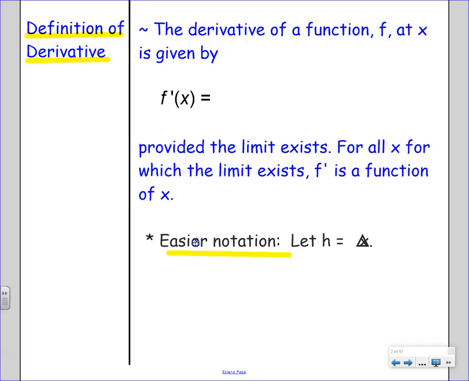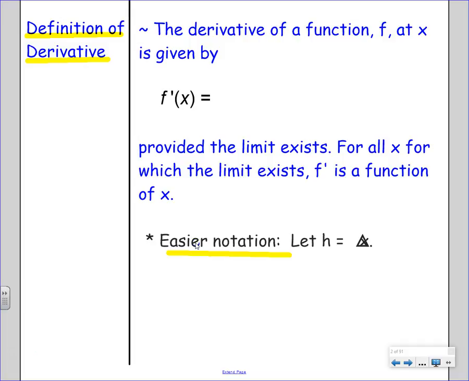Description of derivative: slope of a tangent line. Slope at a point. Slope of a curve at a point. Instantaneous rate. All of those are descriptions or applications of derivatives, but the definition of a derivative.